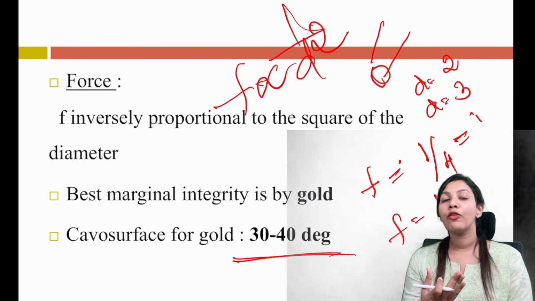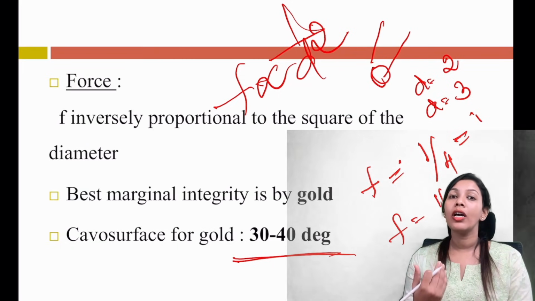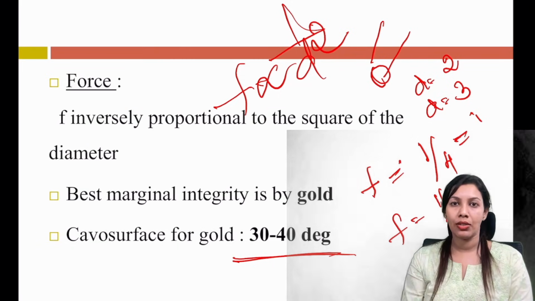Another cavosurface angle is the slip joint or lap joint, which is for cast restoration. So these were the basic things for gold. Even though it is a very vast subject, the normal questions asked are: what is annealing, what is platinized gold, corrugated gold, what is the size, it is 4 into 4, and what is the angulation at which the force is applied while we condense the gold.